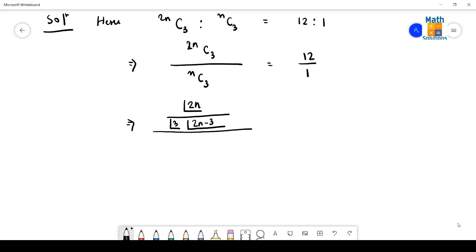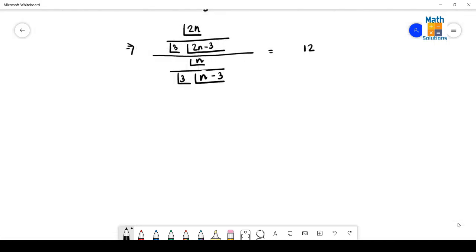The whole thing is divided by, let us break the lower part now, n factorial divided by 3 factorial, then factorial n minus 3. Let us write it properly. It should be n minus 3. At the same time, this will be equal to 12.